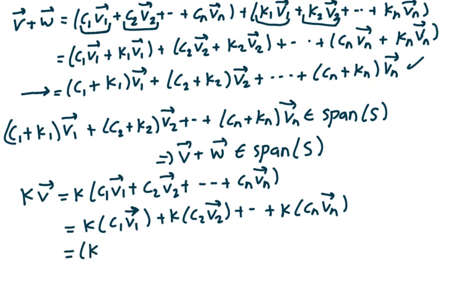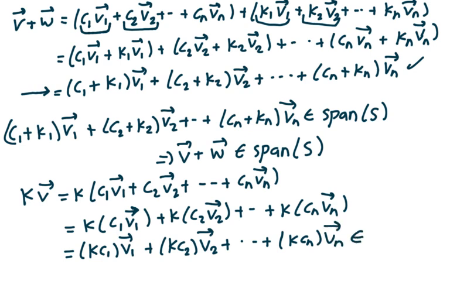But this is kc1v1, right? One of the axioms allows us to do that, because we're in a vector space. Plus kc2v2 plus all the way through until kcnvn.